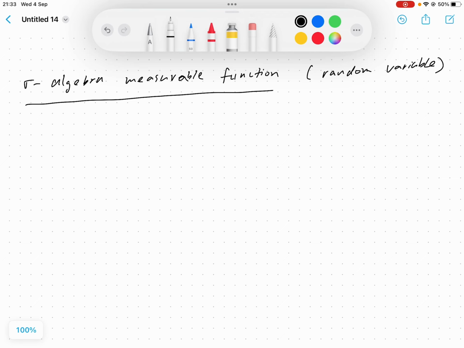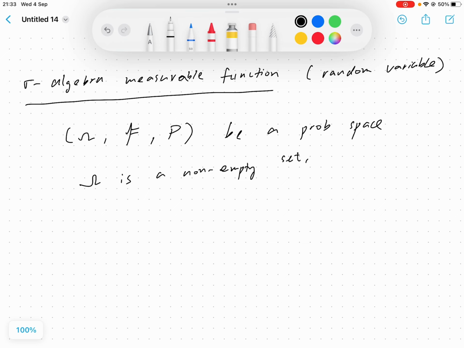So suppose a tuple omega, curly F, and P is a probability space. In this tuple, omega is a non-empty set, and F is just a sigma algebra.